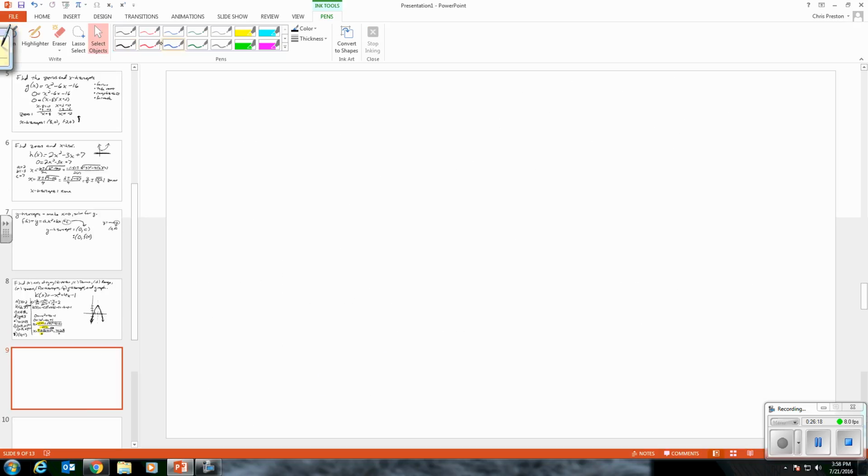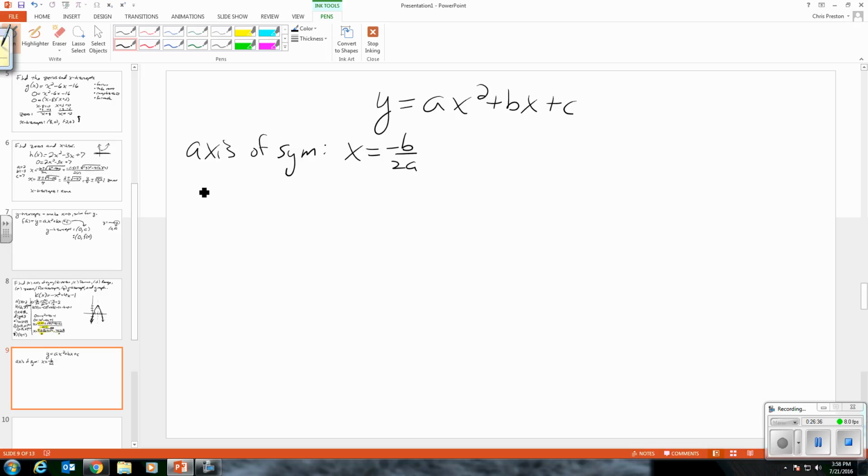Let me just put all that information in one spot. If you have something like this, the axis of symmetry is x equals negative b over 2a. The vertex is negative b over 2a, comma, f of negative b over 2a.